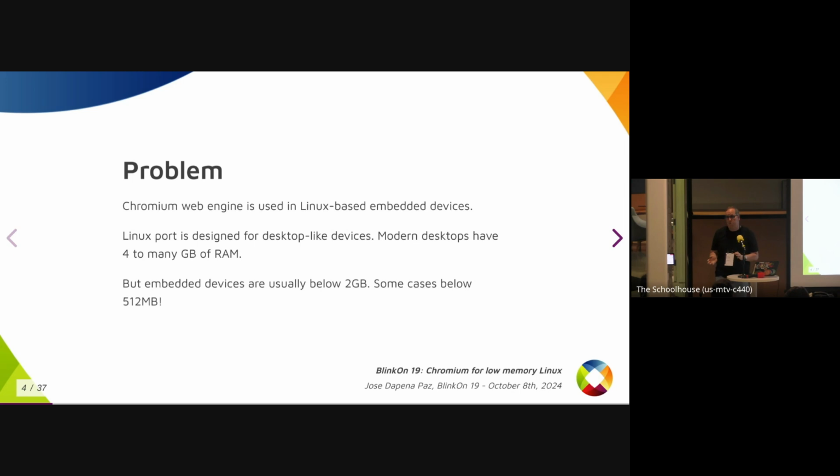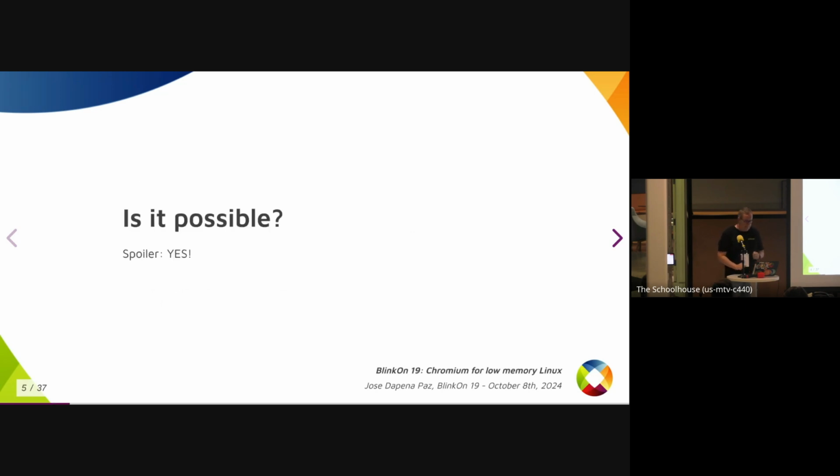Modern desktops now usually have 4 GB at least, but way more than that quite often. But on these kinds of embedded devices, we quite often have devices that have 2 GB or less of memory, and in some cases, we can get even half a gigabyte. It makes things a bit more complicated.